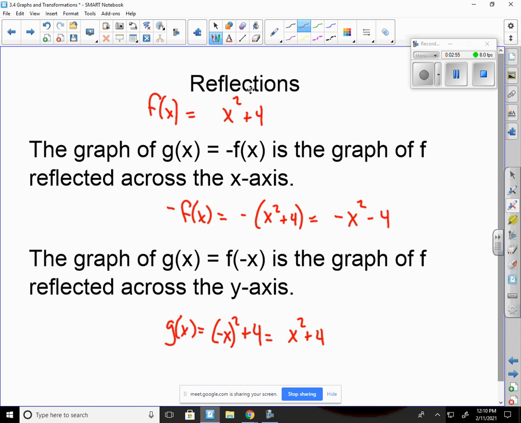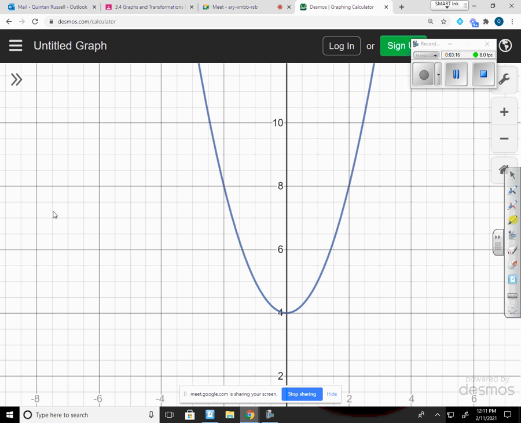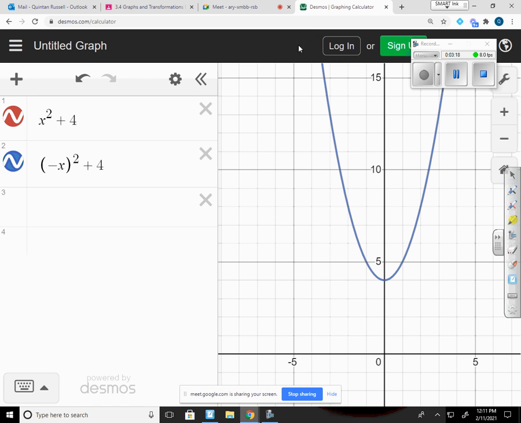No. In general, whenever anytime I have a new function like this, x to the third, whenever I make that negative x to the third, that's going to stay a negative. So that's equal to negative x to the third. If I graph those two, you'll see the difference here.